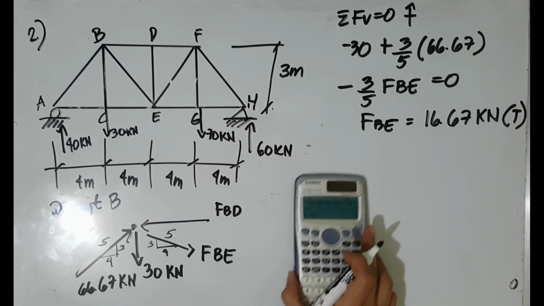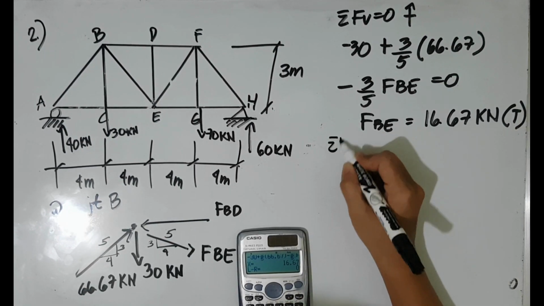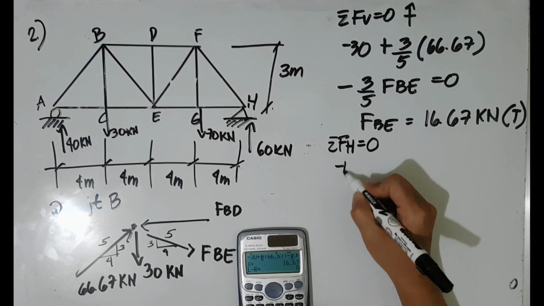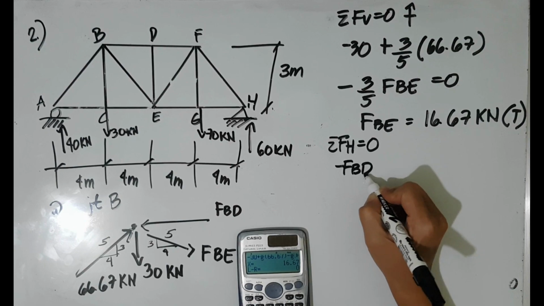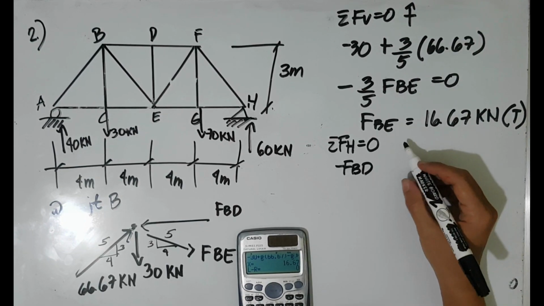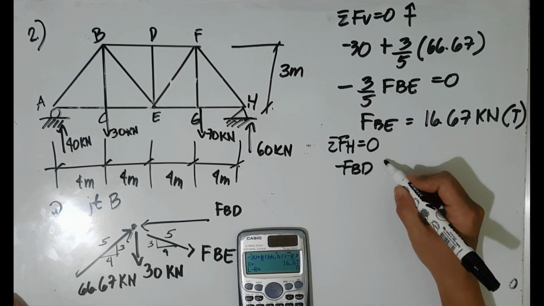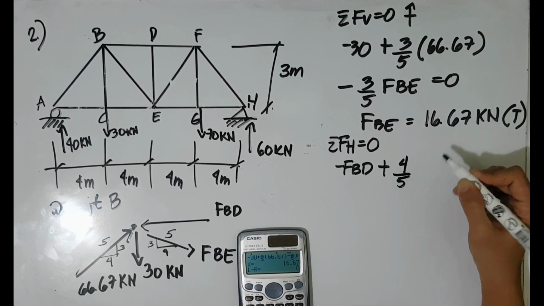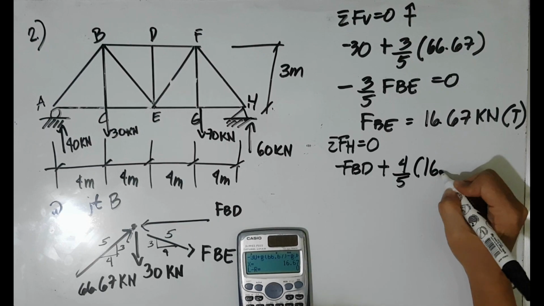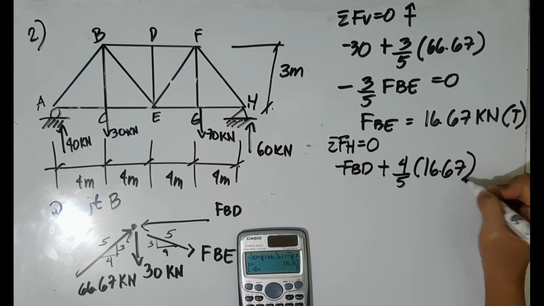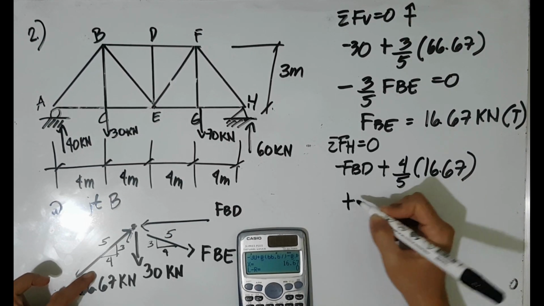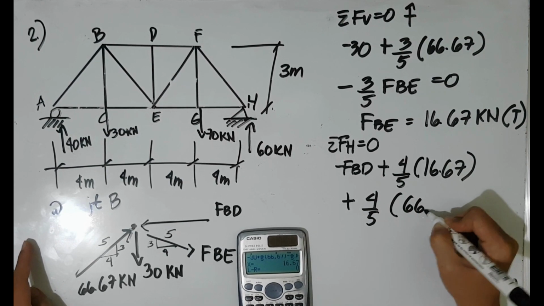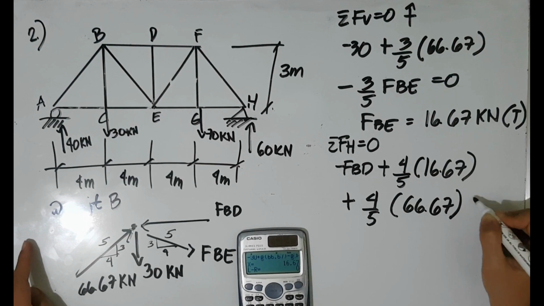So next we will take the summation of forces horizontal, right direction positive, so negative force BD plus 4 over 5 of force BE, rather 16.67, plus 4 over 5 of the force AB, so 66.67.